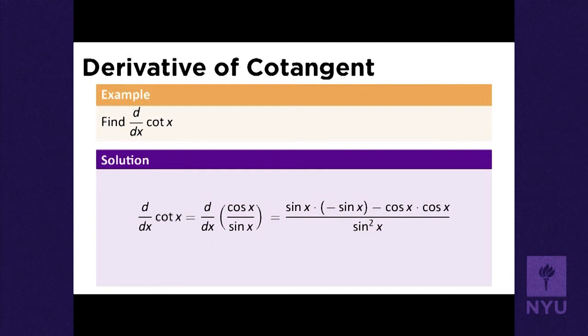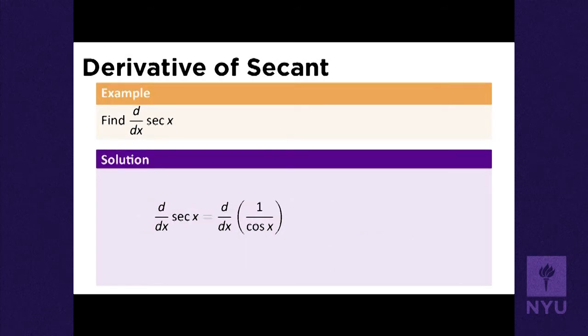And where you got 2 positives, you'll instead get 2 negatives. Okay? So sine times negative sine minus cosine times cosine will give you negative sine squared x minus cosine squared x over sine squared x. That's negative 1 over sine squared x, also known as negative cosecant squared of x. So the derivative of tangent is secant squared. The derivative of cotangent is negative cosecant squared.